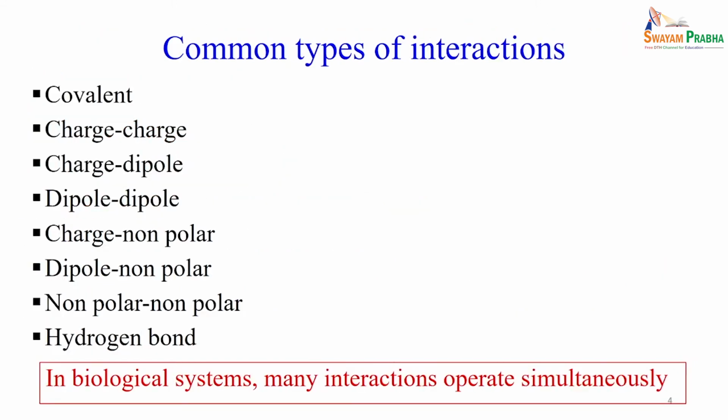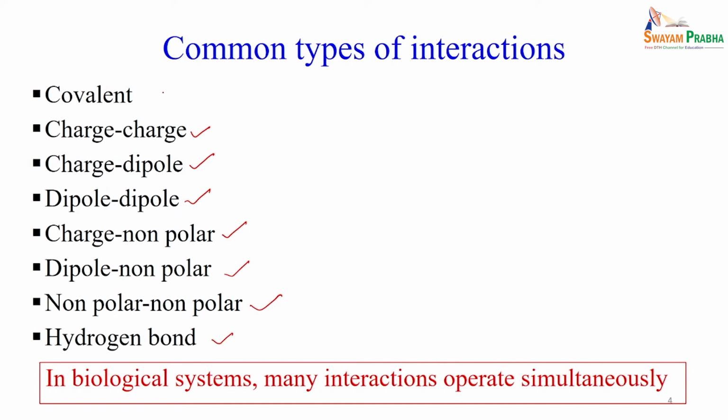The common types of interaction which we typically see in biological systems or any chemical system include covalent interaction, ion-ion or charge-charge interactions, then charge-dipole interaction, dipole-dipole interaction, charge-nonpolar interaction, dipole-nonpolar interaction, nonpolar, which is also known as hydrophobic interaction, and hydrogen bonding.